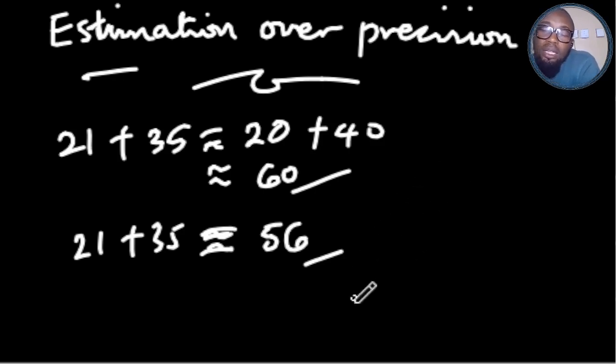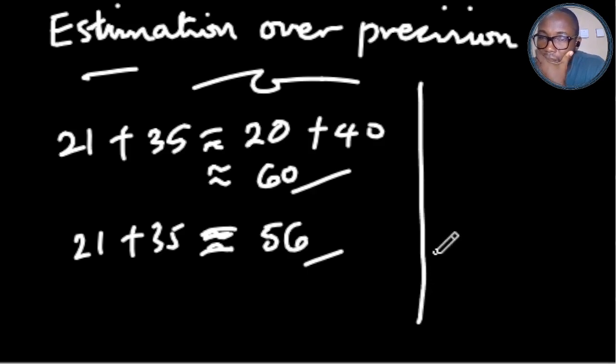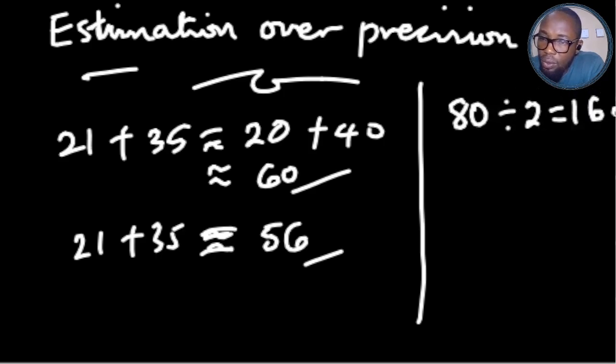Now, why is it important for you to do an estimation before precision? This is an instance. I've worked with scholars where somebody will do a sum like 80 divided by 2, and the person will write 160. It sounds crazy.